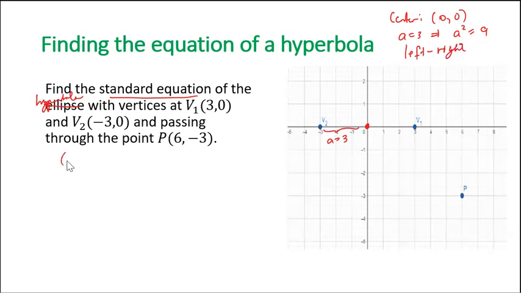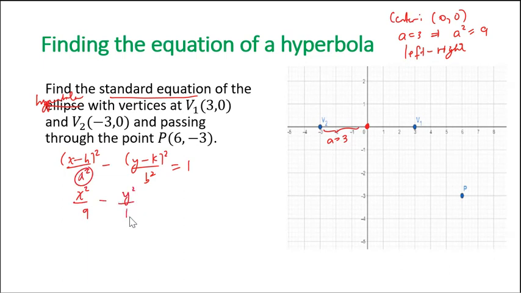So it should have (x minus h) squared over a squared minus (y minus k) squared over b squared equals 1. But since the center is at the origin, we will only have x squared over 9 minus y squared over b squared equals 1. Now we need to solve for the value of b.